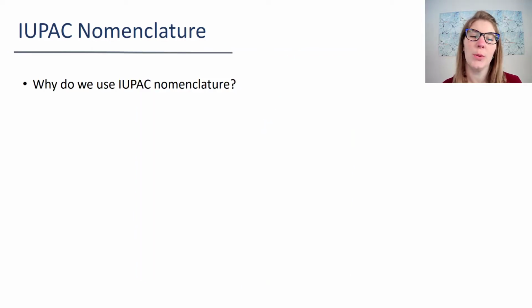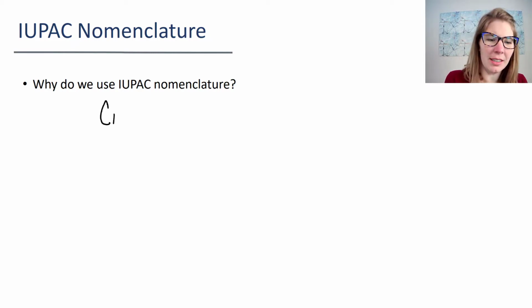So why do we use IUPAC nomenclature? We use IUPAC nomenclature because our desire is to have one name for a particular structure. Now remember, with constitutional isomers, a chemical formula just isn't enough.